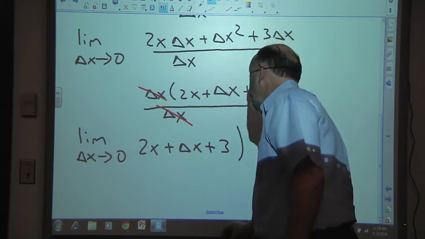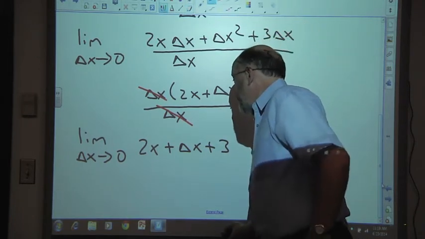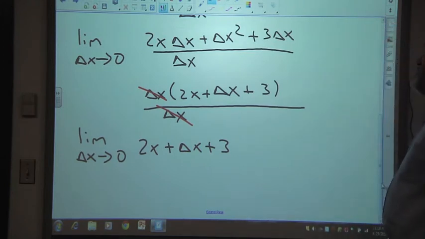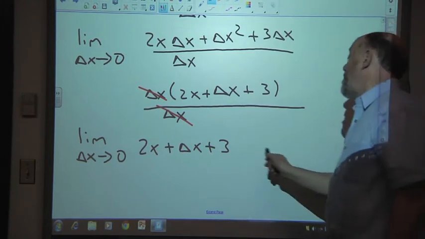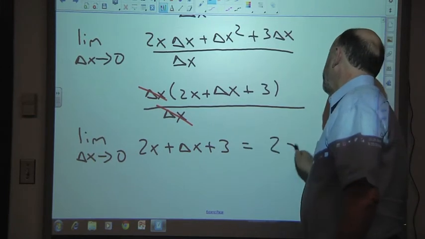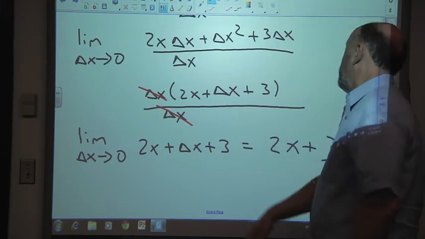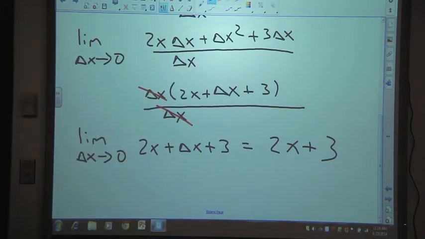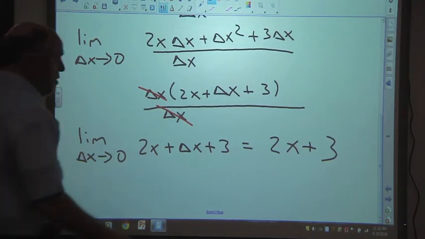Okay. Now I can actually take my number and plug it in. If delta x is 0, we find the limit here is 2x plus 3. So if I want to know the slope at any given x value for that original equation, I can just take my number and plug it in.